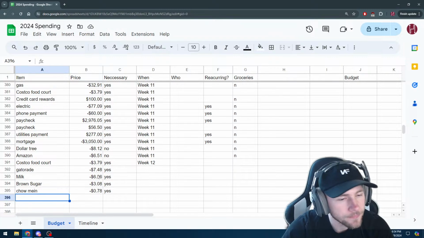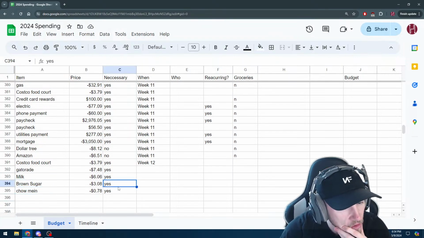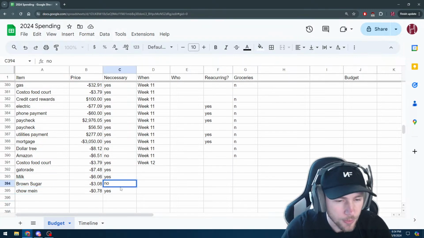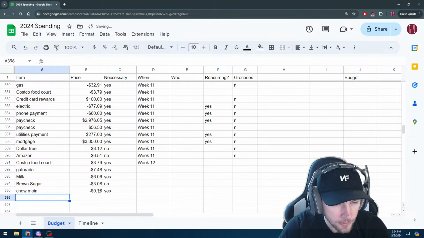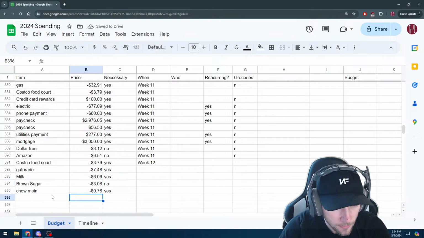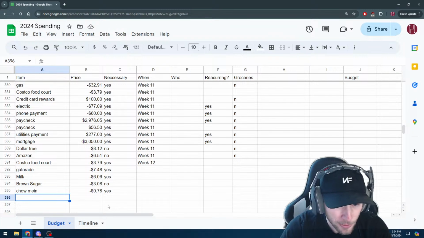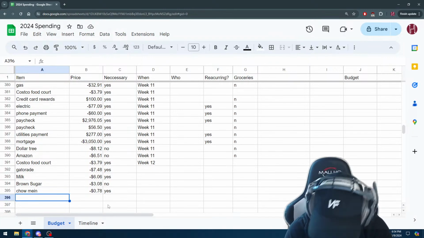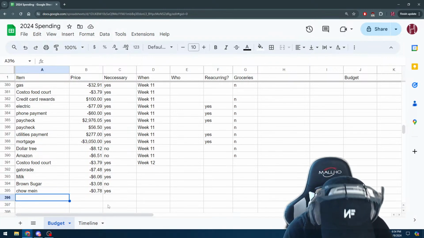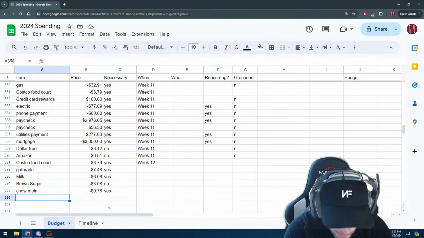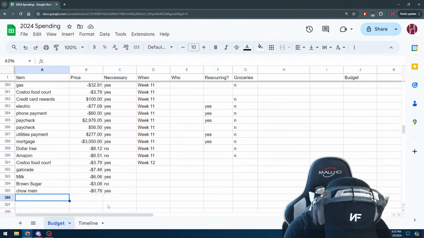And brown sugar, I actually don't know what that was for. Might have just been for like a treat or something. I want to say cinnamon rolls probably. So we're gonna put that as no for our necessary attribute.